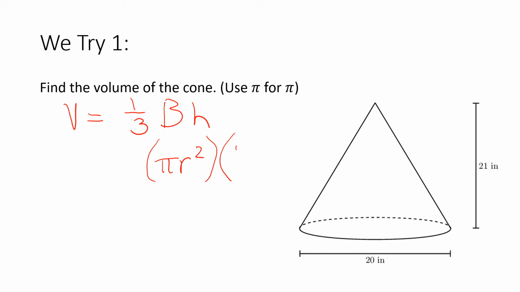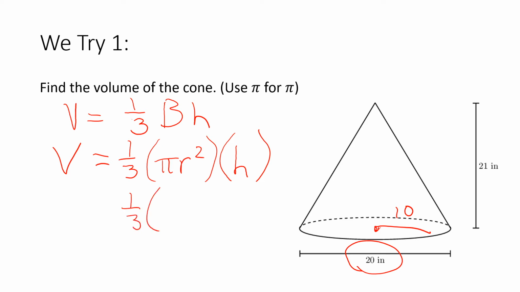My height is just h, and we're going to do 1/3 times that. My radius is half of 20, so that's 10. So 1/3 times pi times 10 squared, times the height, which is 21.